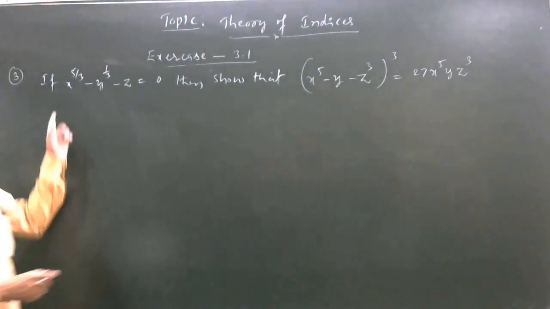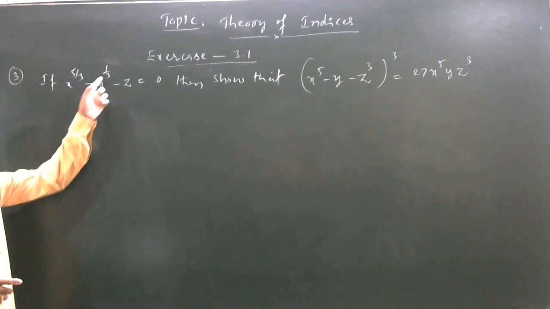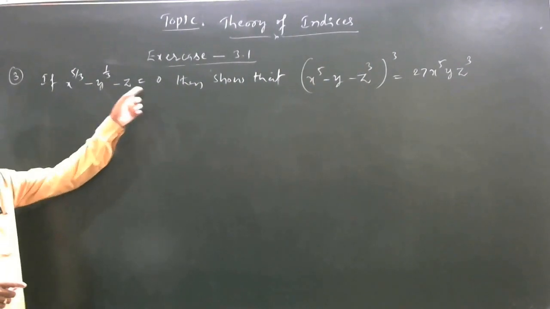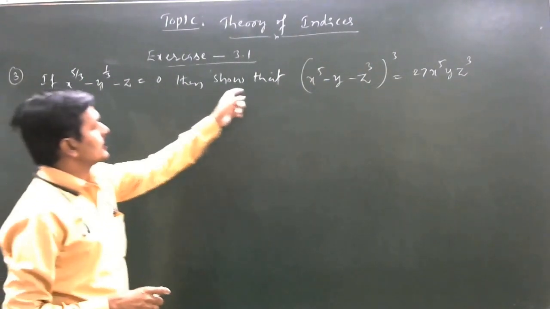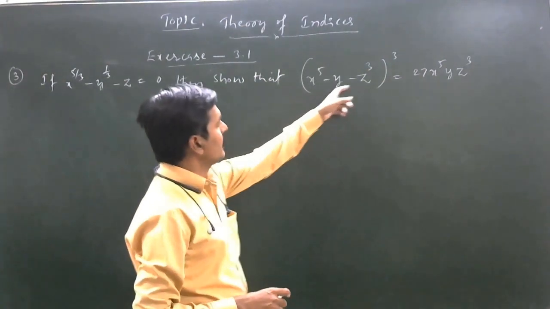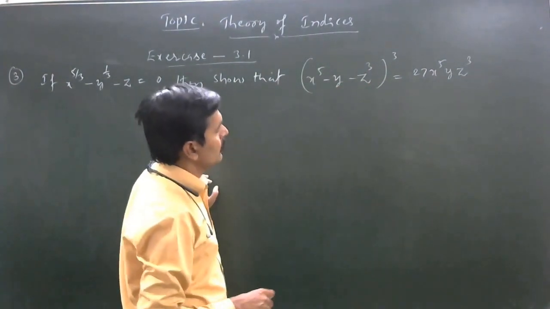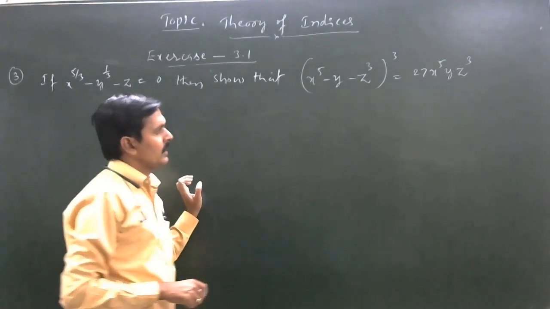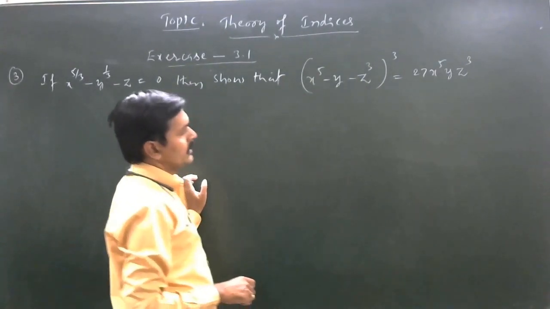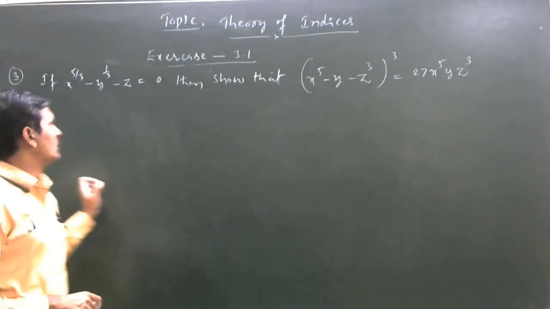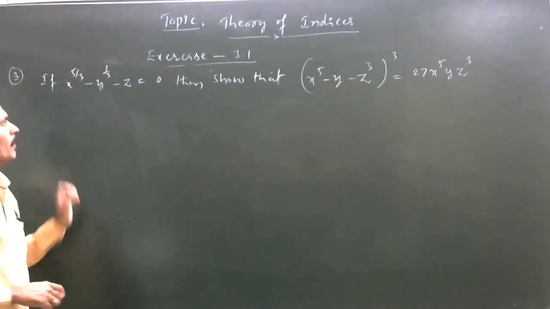Here, if x power 5 by 3 minus y power 1 by 3 minus z equal to 0, then show that x power 5 minus y minus z cubed whole cube equals 27 into x power y into z cube. It is the same method as in the previous problem.